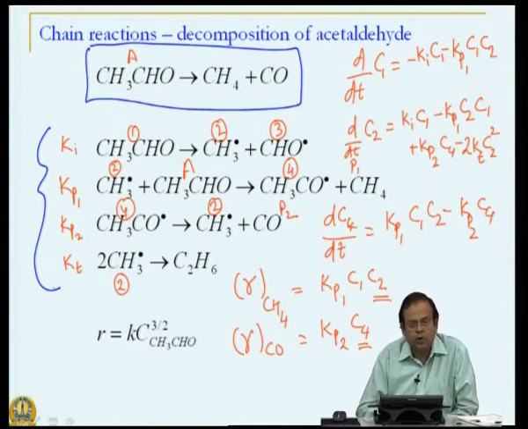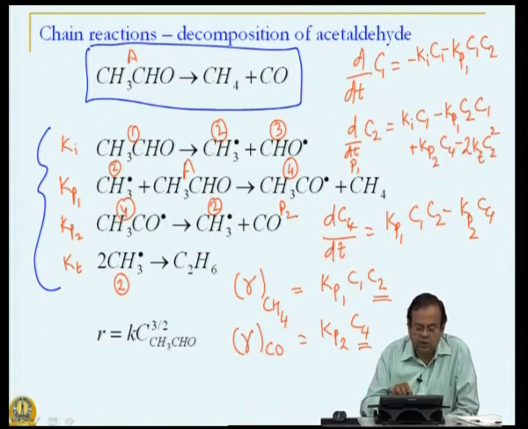In this particular case, we make the assumption that these methyl radicals CH3 and CH3CO radicals are highly reactive, and therefore, their dynamics is very slow, or they get formed, they get consumed, formed, consumed. So, very fast dynamics. So, quasi steady state is a reasonable assumption for these species.